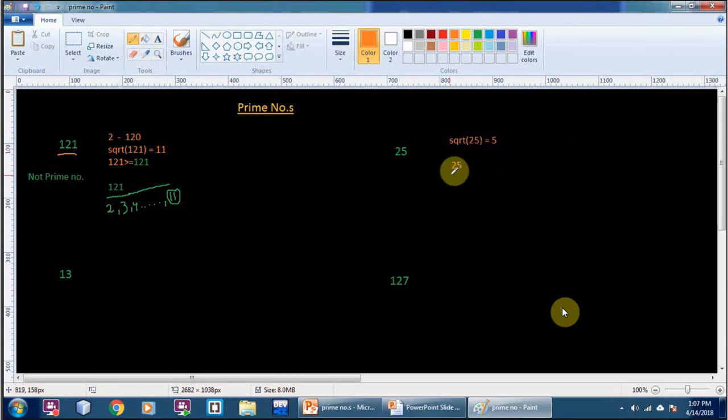I will check it with 2, 3, 4 and 5, up to 5. We know 25 is divisible by 5, so 25 is not a prime number. Now the task becomes very easy. We are just checking it with 4 numbers and we are saying this is prime or not.